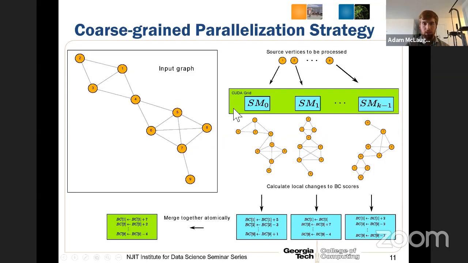I'll go into this in more detail, but within each streaming multiprocessor, you're going to start from its assigned root vertex, do your breadth first search down the graph, do your dependency accumulation up the graph. That will give you some local modifications to your betweenness centrality scores. And then all you need to do is some sort of reduction or atomic add. It does matter that it's atomic or done in parallel safely. Then you'll have global updates to the betweenness centrality scores for the whole graph once that's all done.